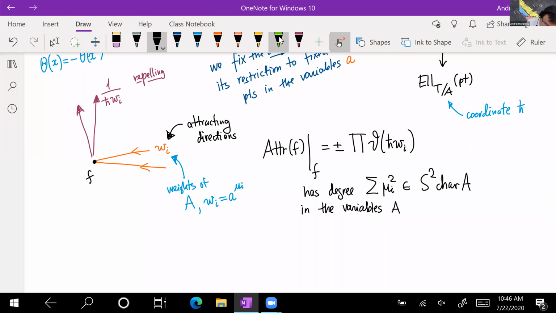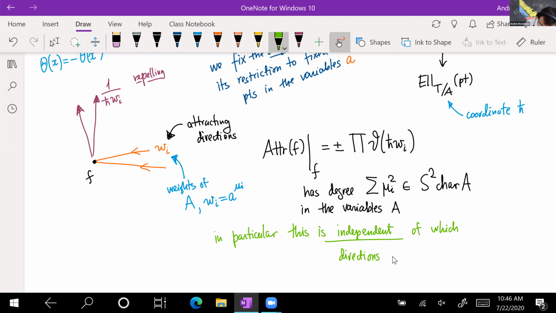So in particular, this is independent of which directions are attracting and repelling.